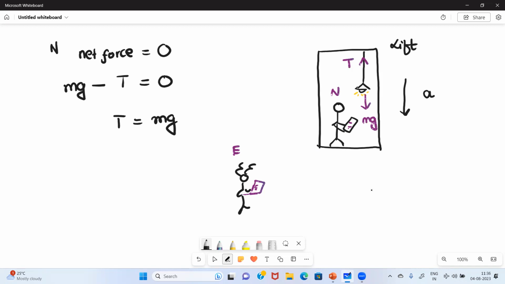Suppose the mass of the bulb is, let's say, 100 gram. What is the acceleration due to gravity? Let's take it as 10 meter per second square.